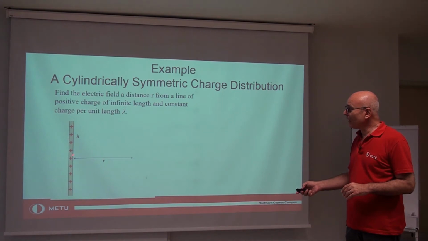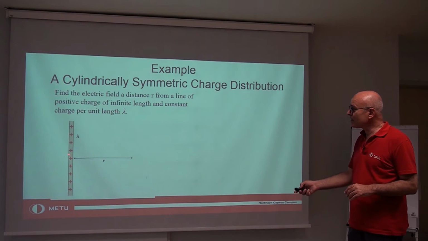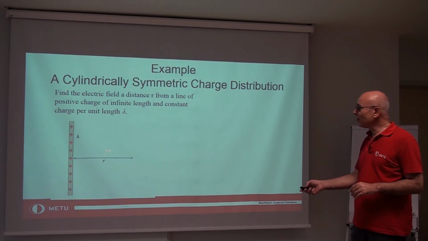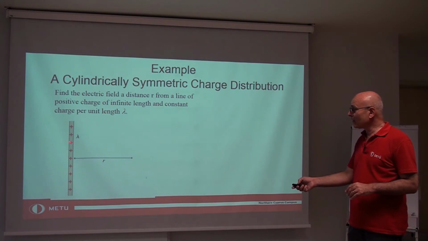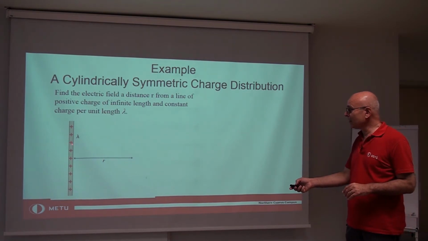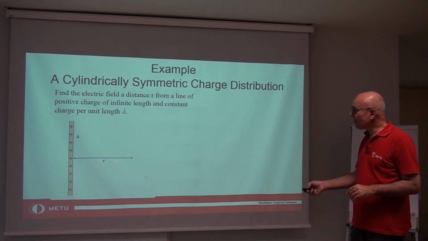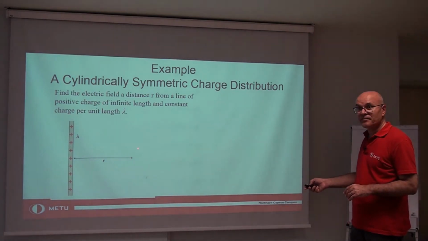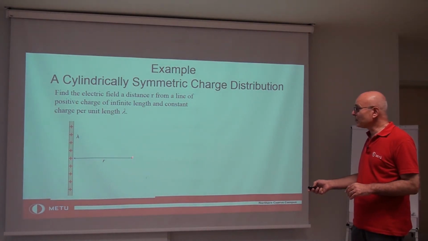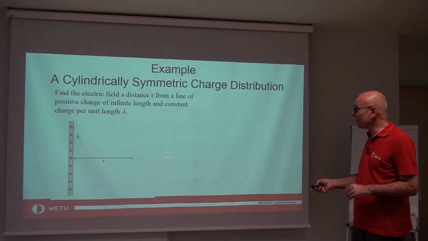If you think of this line as divided into dq's that go to infinity from this side and from this side, each dq here will contribute a field. For example, if you choose a dq here, it will contribute a field in this direction. There is a mirror image that will contribute a field in this direction. When you add up these two fields, they will cancel the component other than this component, and these components will add up.